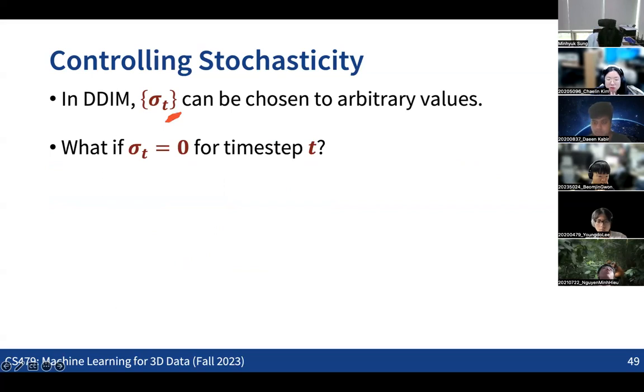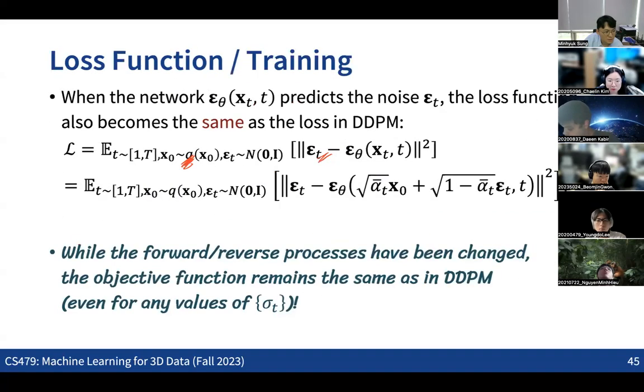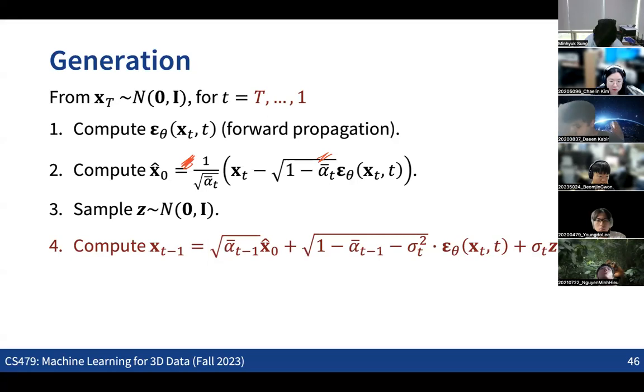One thing is that if we make this sigma value 0, what does that mean? If we go back to the generation process, what's the meaning of making the sigma 0? If we make the sigma 0 here, then there's no stochasticity.